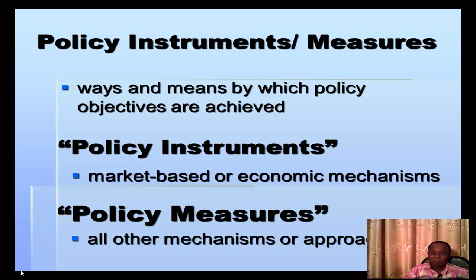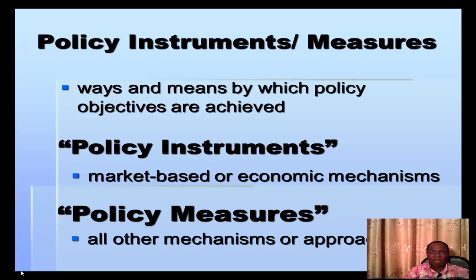Now, people tend to distinguish between the two terms, policy instruments and policy measures. Policy instruments generally tend to refer to market-based or economic mechanisms: tariffs, taxes, levies, things like that. Whereas policy measures tend to relate to all other mechanisms or approaches, like setting up new institutions, or doing more awareness raising. For instance, LPG.